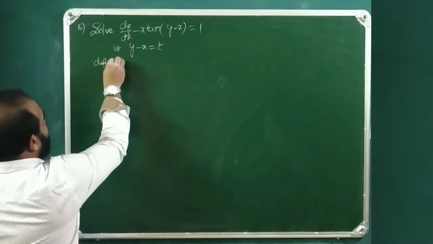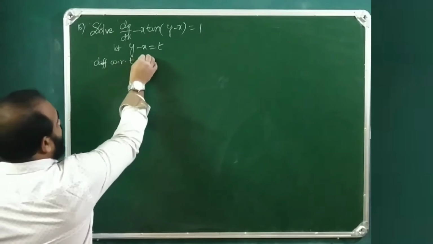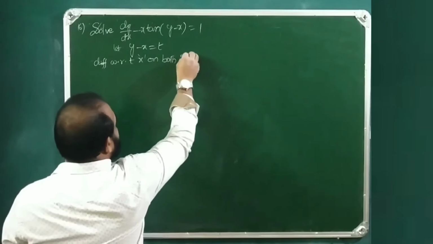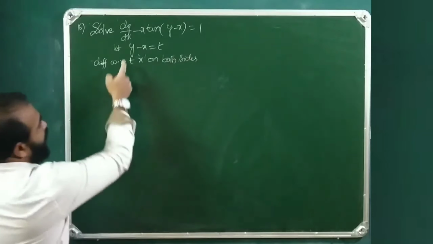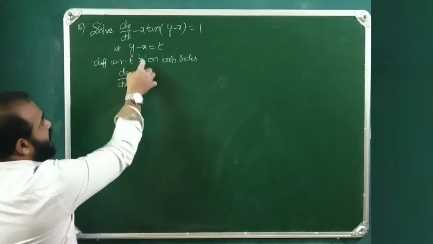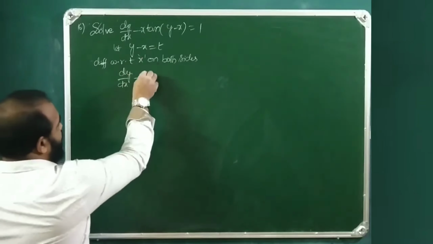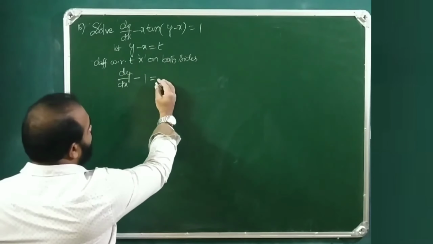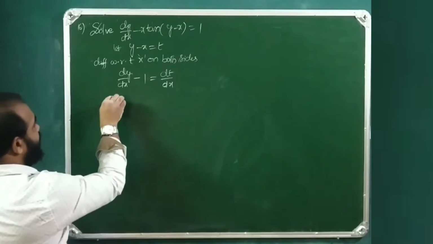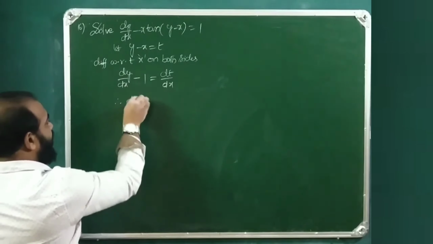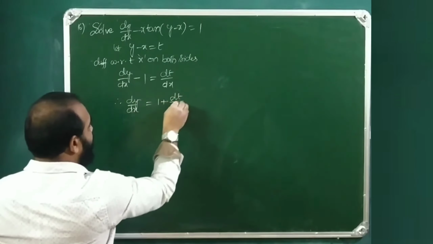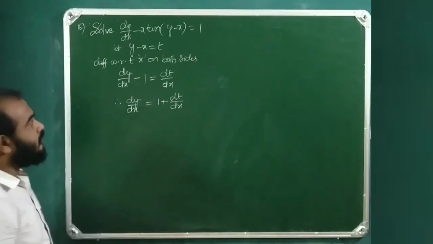Differentiating with respect to x on both sides, we get dy by dx minus 1 equals dt by dx. From this, dy by dx equals 1 plus dt by dx.